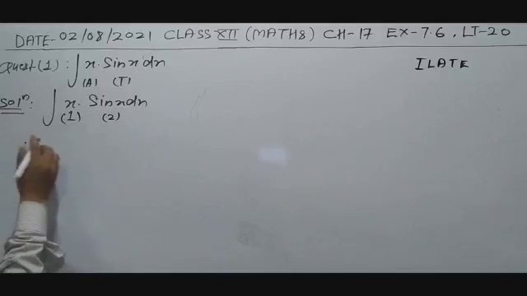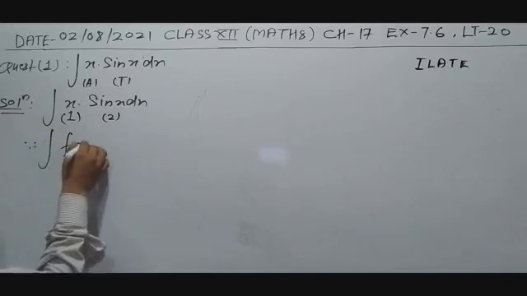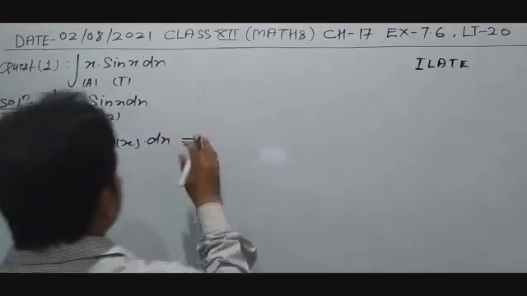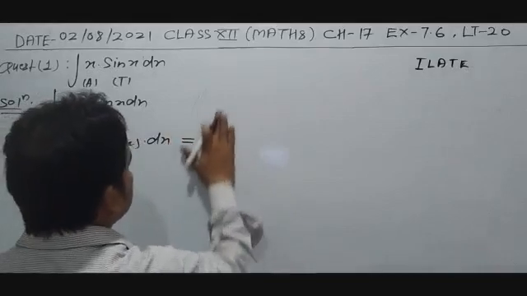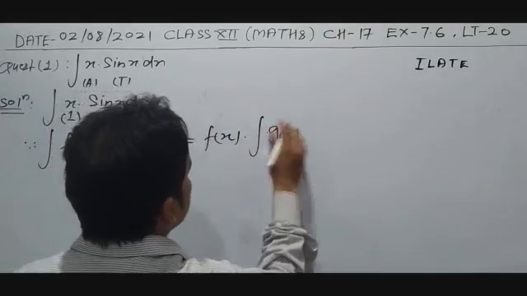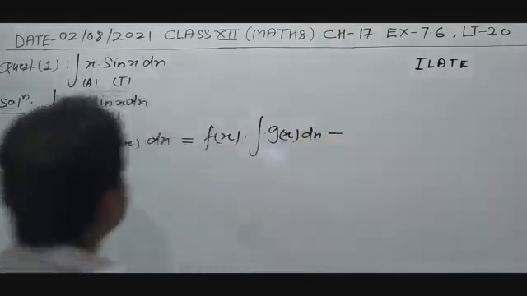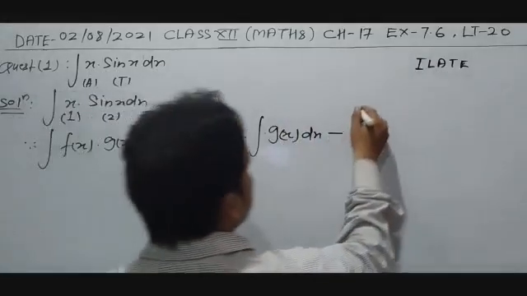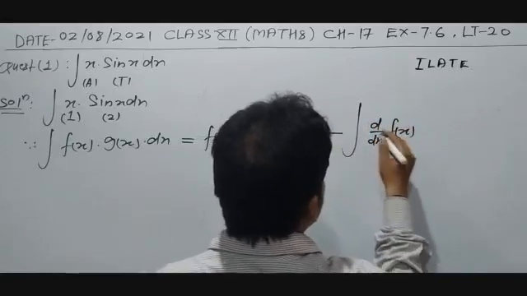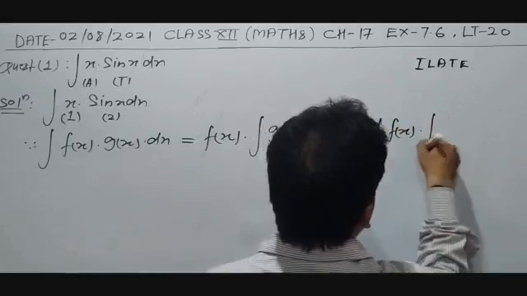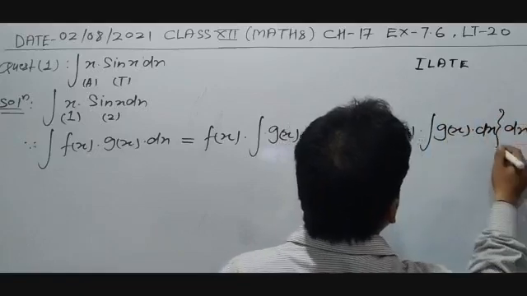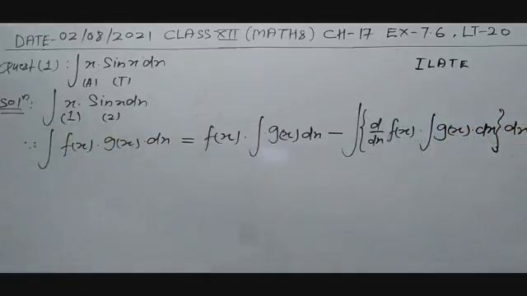The integral of f(x) times g(x) dx is f(x) times the integral of g(x) dx, minus the integral of d by dx of f(x) times the integral of g(x) dx, whole dx.